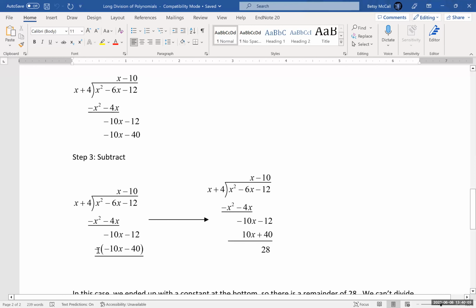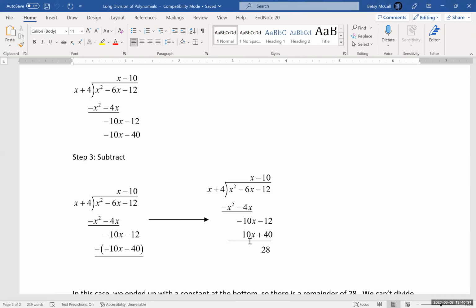And so again, just to make my life a little easier, I distribute the minus sign so that I don't have to keep track of minus, a minus, a minus. If I distribute the minus sign, this becomes a positive 10x, and this becomes a positive 40, because minus minus cancels and becomes a plus. And then negative 10x and 10x, again, the leading terms should cancel.